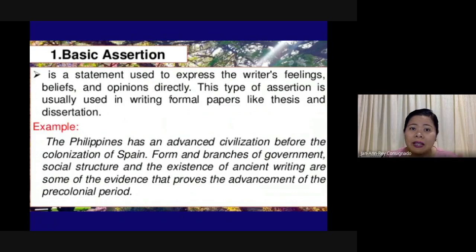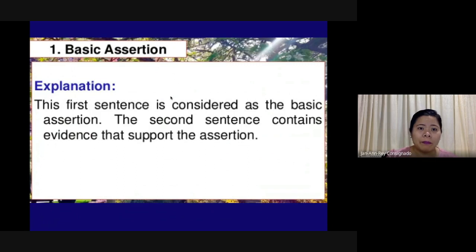That is basic assertion. Now, the explanation: the first sentence is considered the basic assertion, and the second sentence contains evidence that supports the assertion.